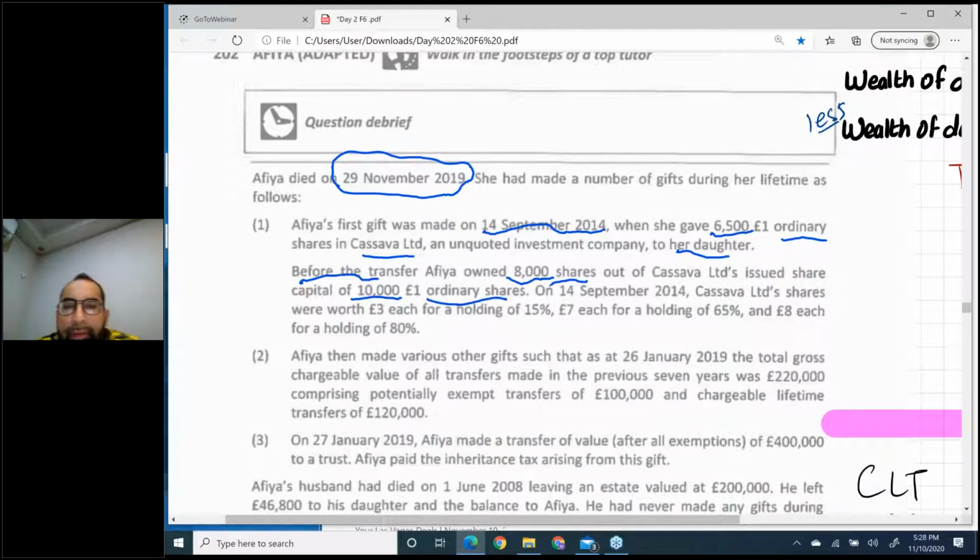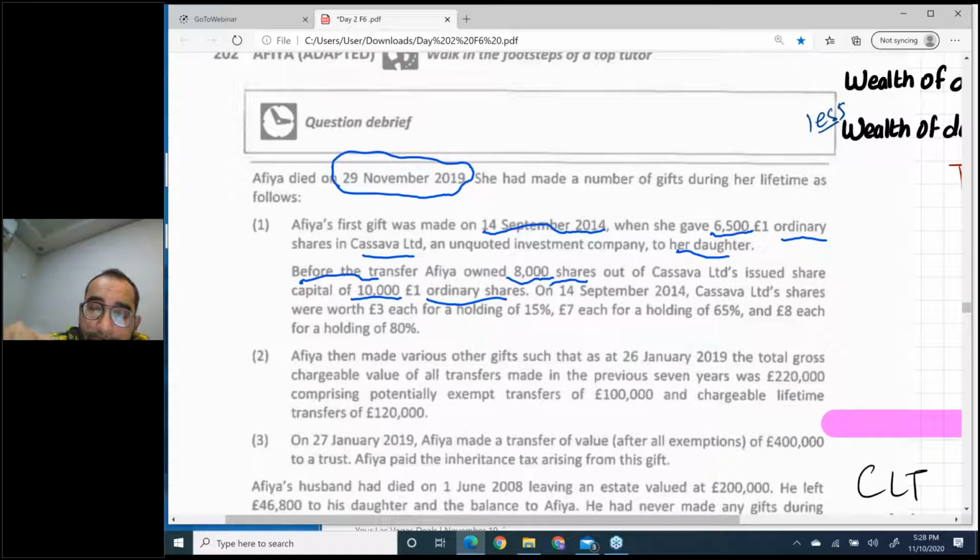There is no gift right now, so for the first line, wealth of donor before gift, we use 8,000 shares. 8,000 shares is 80% of 10,000, so her existing holding is 80%.